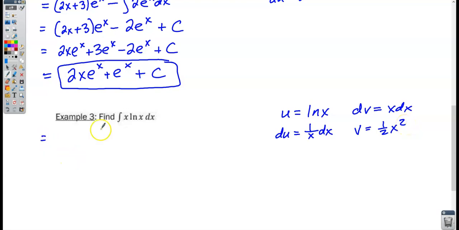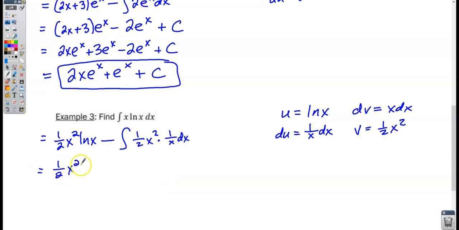Alright, and then the integral of u dv is going to be equal to uv minus the integral of v du. Now what I'm going to do before I integrate this is I'm going to go ahead and simplify. I'm going to bring the constant 1/2 out in front, and then x squared times 1 over x is just x.